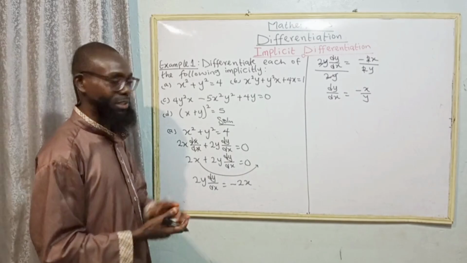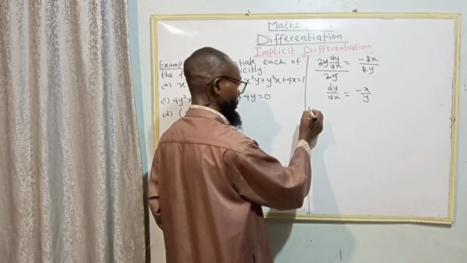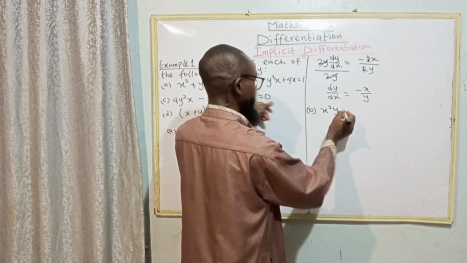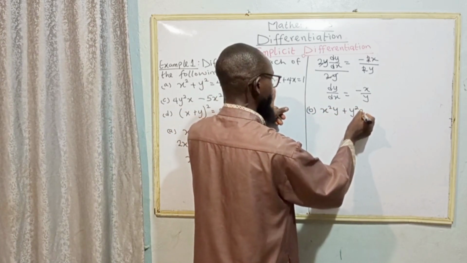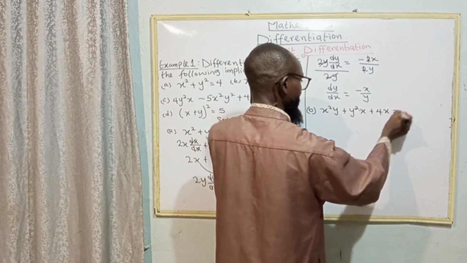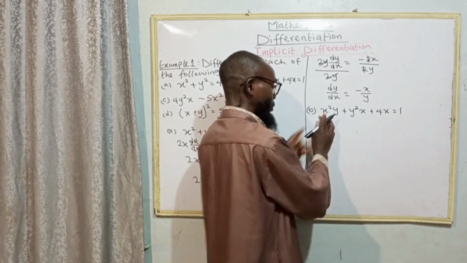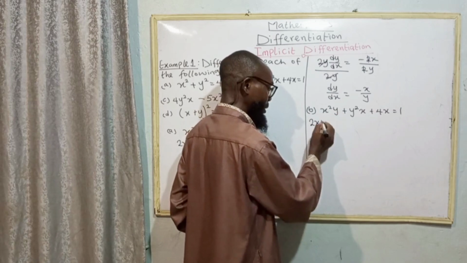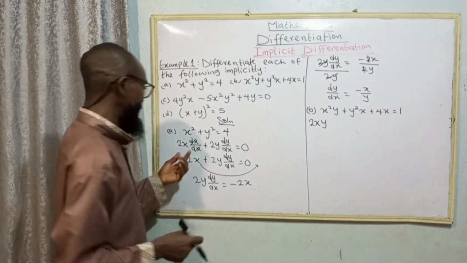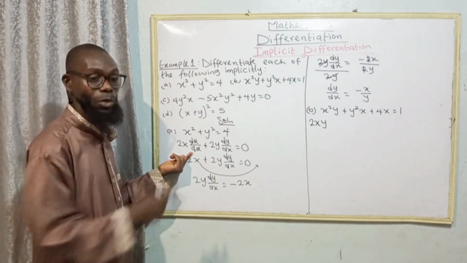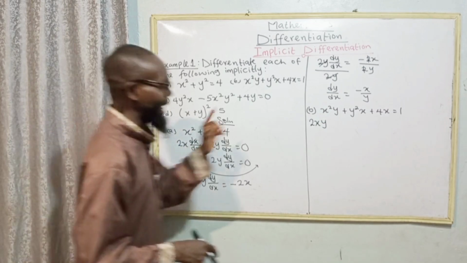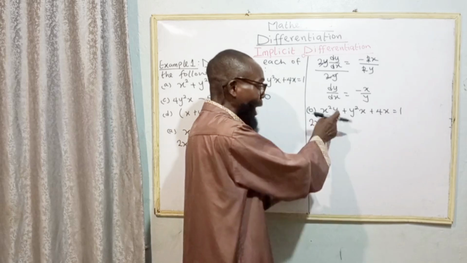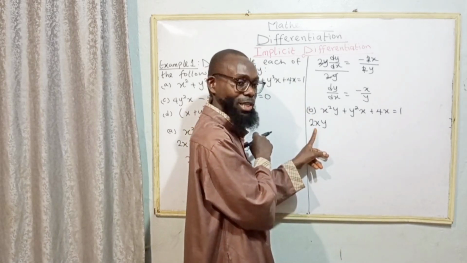Now, let's look at the second one, B: x squared y plus y squared x plus 4x is equal to 1. When we differentiate this x squared, we have 2x, then you put your y. As I explained, you don't need to put the dx/dx again because they will still cancel each other. So as I differentiate x squared, it becomes 2x. Don't forget y is still there, you put the y to join it.